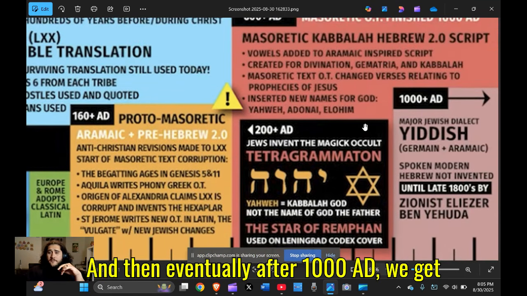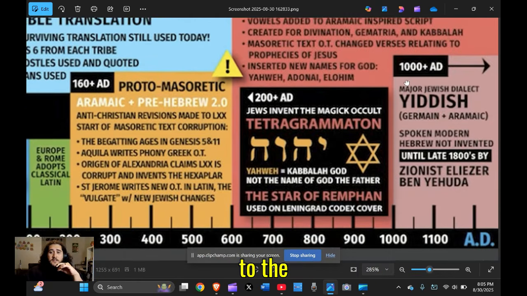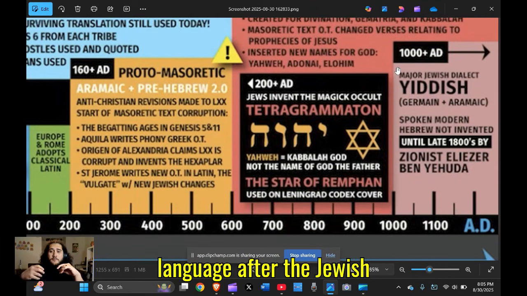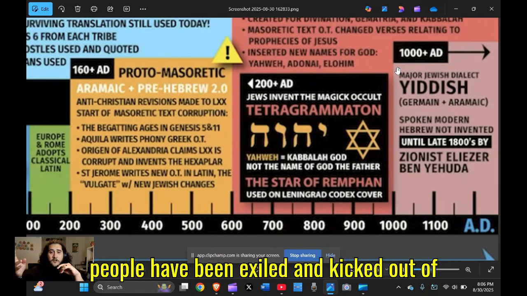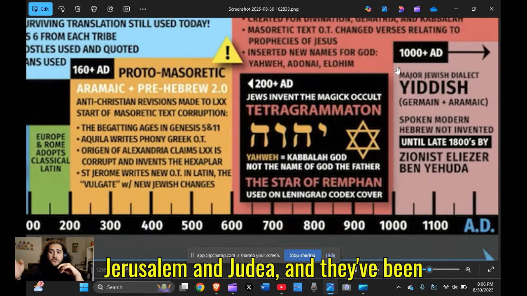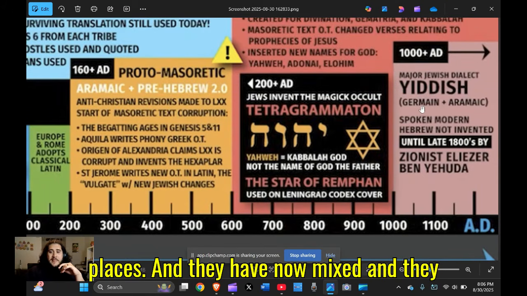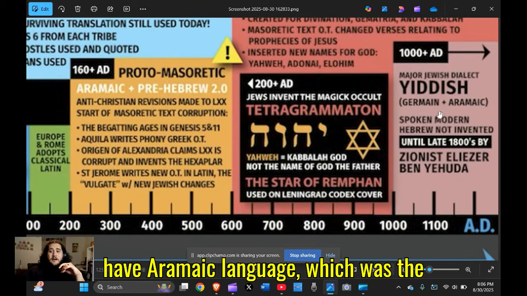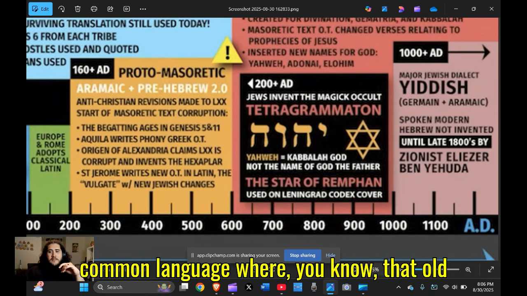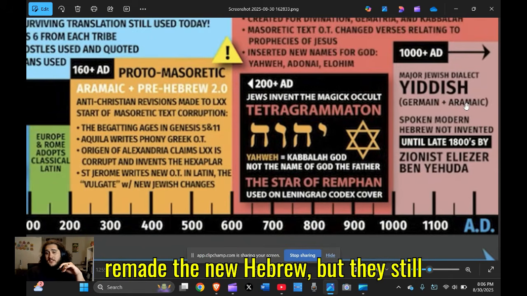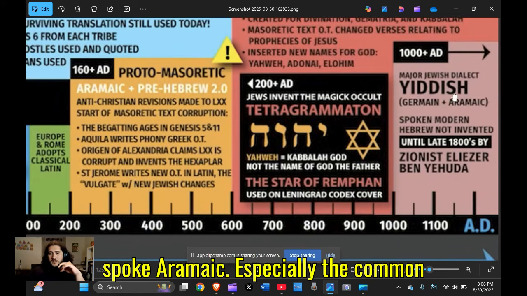And then eventually, after 1000 AD, we get to Yiddish. That's the Yiddish language after the Jewish people have been exiled and kicked out of Jerusalem and Judea, and they've been wandering upon Europe and upon all those places, and they have now mixed, and they have Aramaic language, which was their common language, where that old Hebrew was dead, which eventually they remade the new Hebrew, but they still spoke Aramaic, especially the common people.